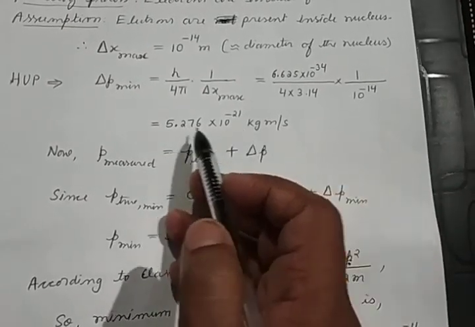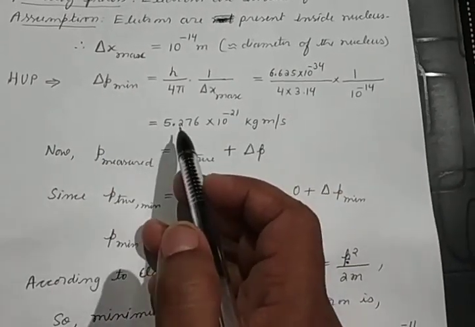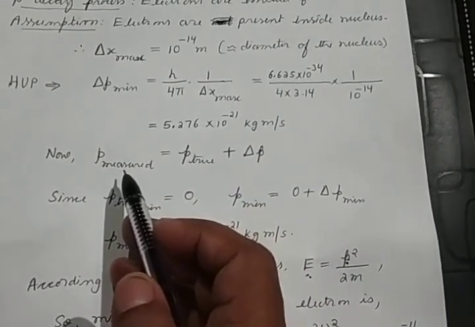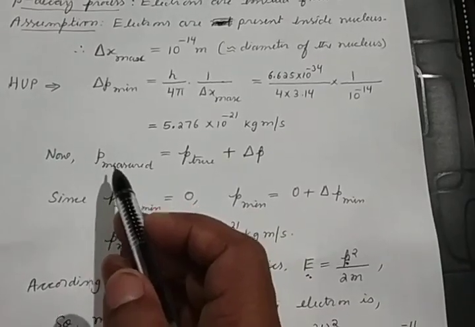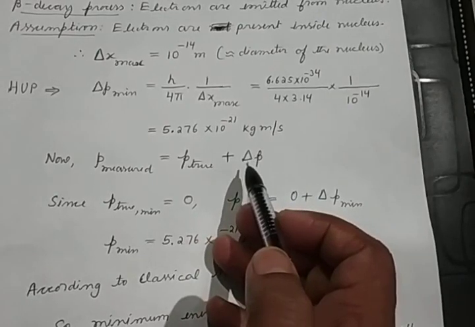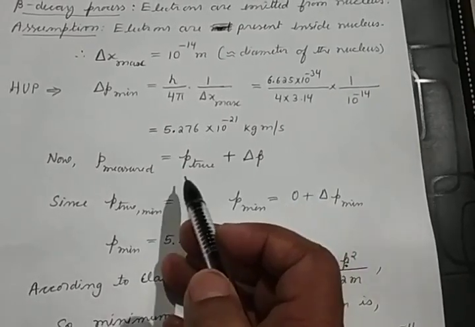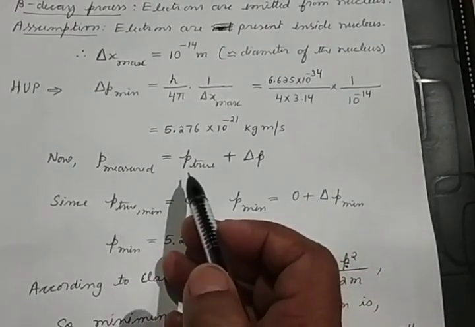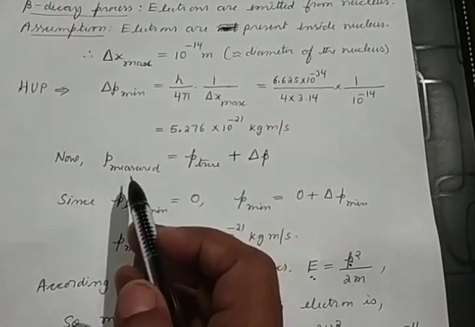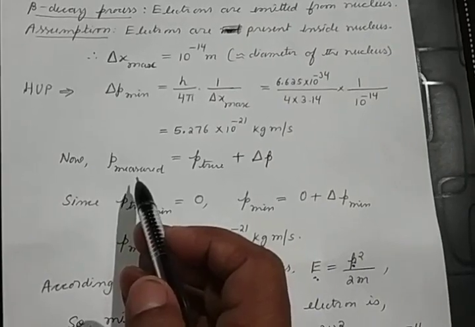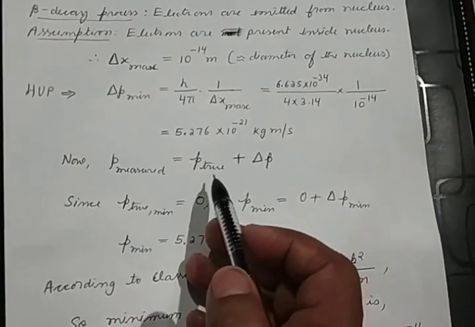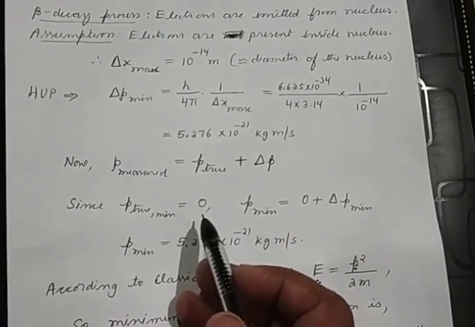Now we can associate this minimum uncertainty in the momentum with the momentum value itself using this relation: the measured momentum is equal to the true value of the momentum plus the uncertainty in the momentum. The true value of the momentum is something which we never know. But now we can consider the minimum limit of the momentum. If we apply this to the equation, the true minimum momentum value is equal to 0.